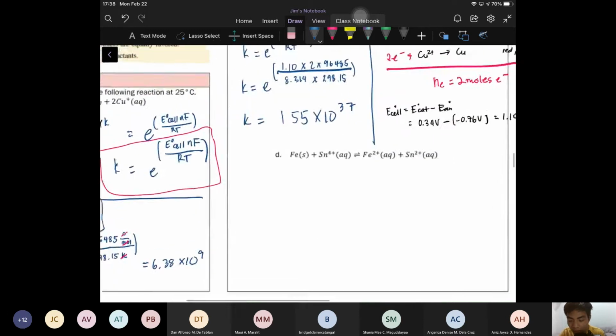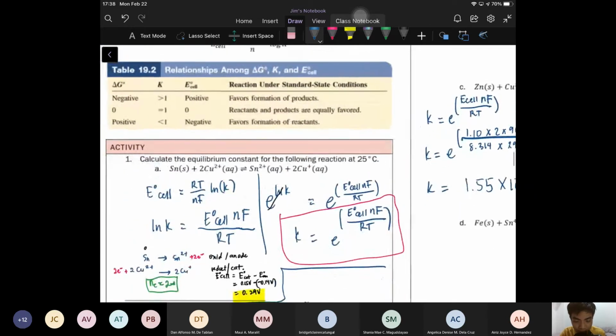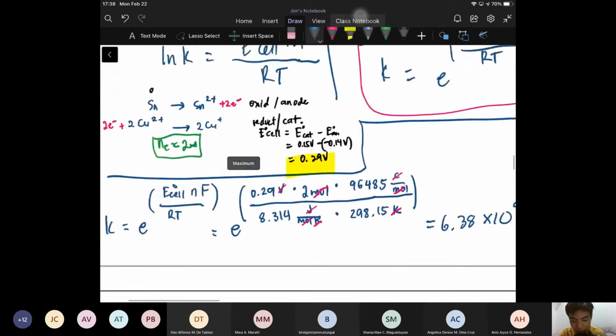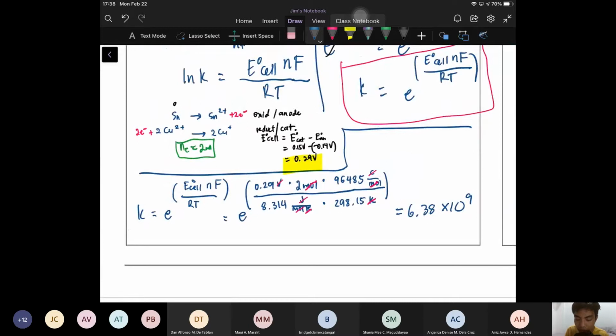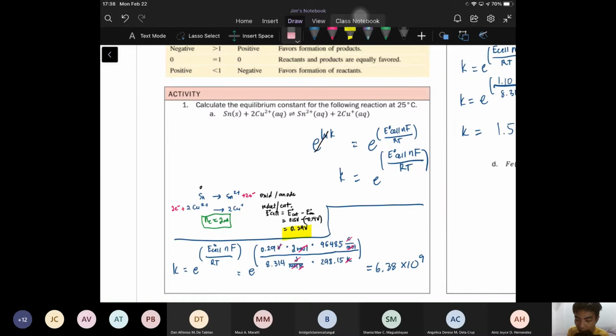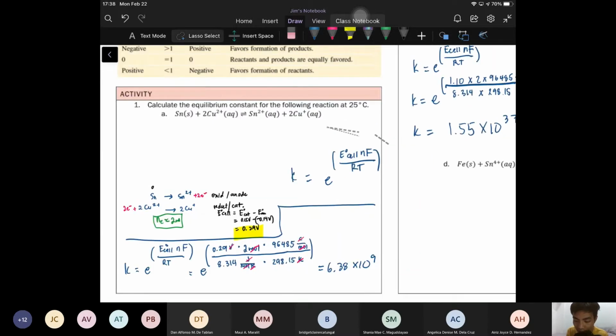O kunwari, tanungin ko kayo, what is the Gibbs free energy of the two equations we solved? What is the value of delta G? So, delta G solved natin. Burahin ko na tong part na to para may space pa ako. Paano yung equation na gagamitin natin sa delta G?